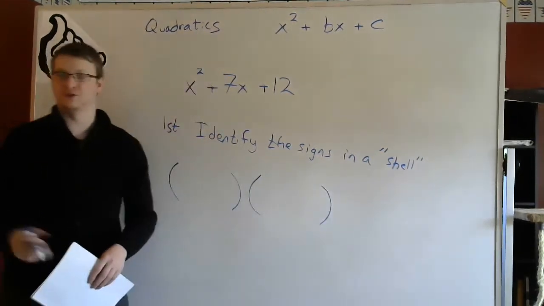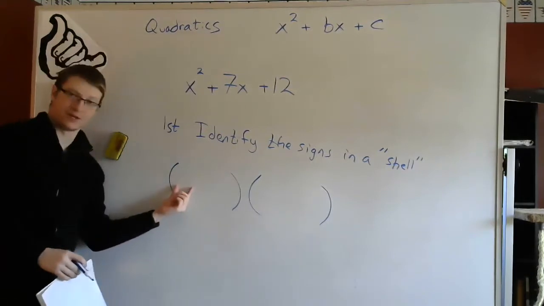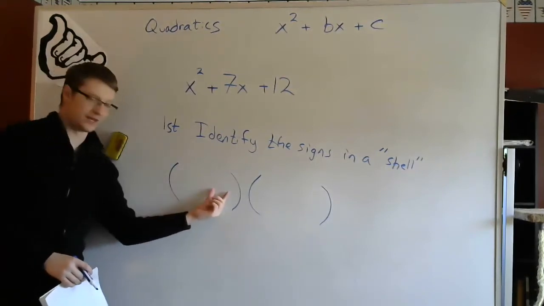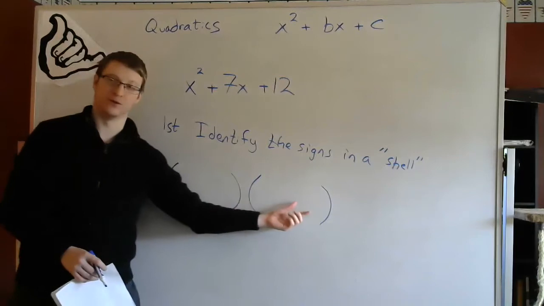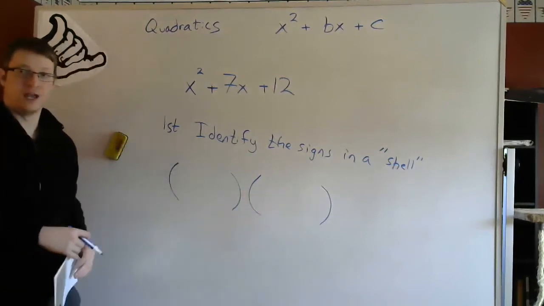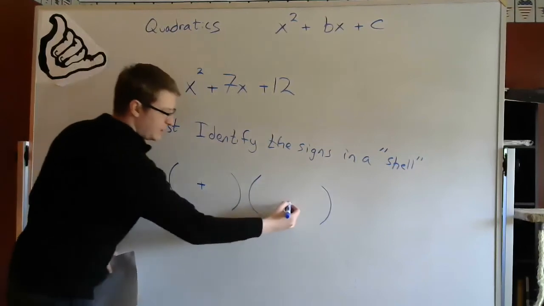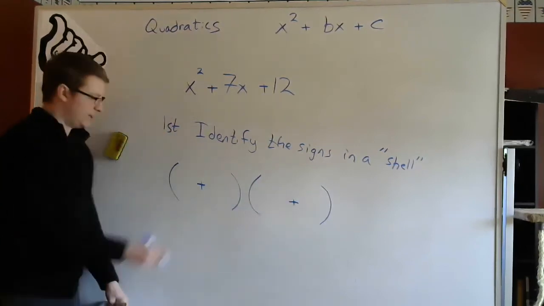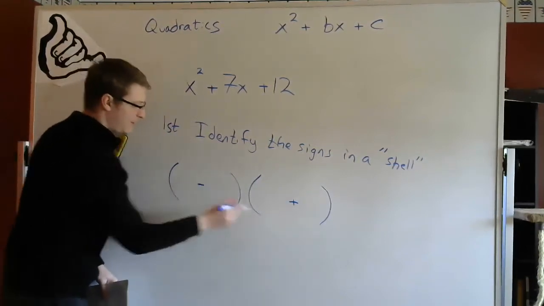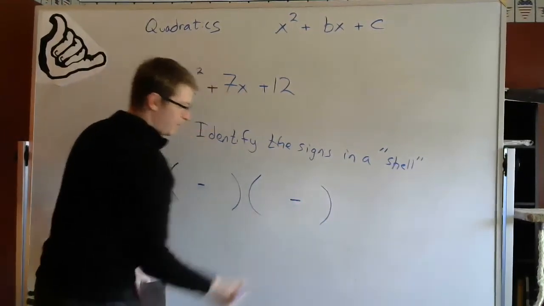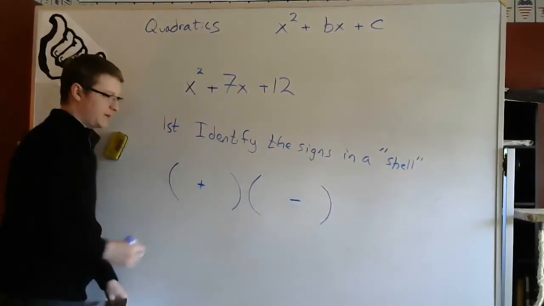Just like we would distribute 2 times, I'm going to have something here at the beginning and something at the end of each one of these binomials. And this is the shell that I'm referring to. And the signs that I'm talking about are, well, what should these signs be? Should they both be plus signs? Should they both maybe be minus signs? Or should one of them be a plus sign and one of them be a minus sign?